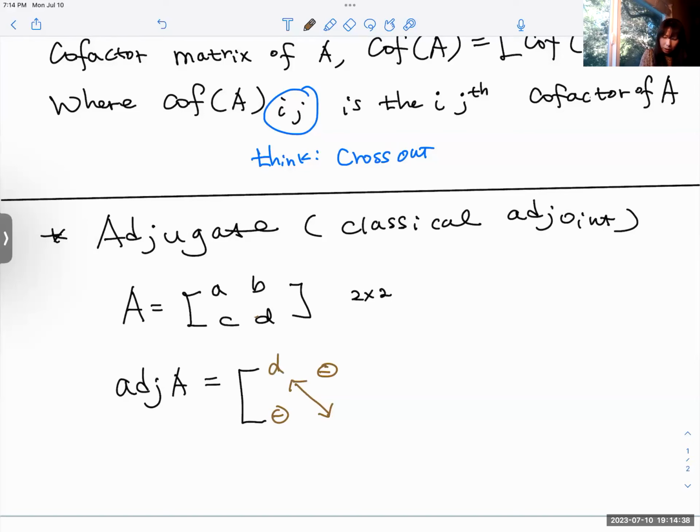So we get D and A on the diagonal, and negative B and negative C. That is correct, right? Adjugate, or called adjoint, all right?